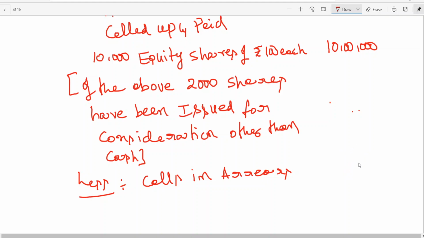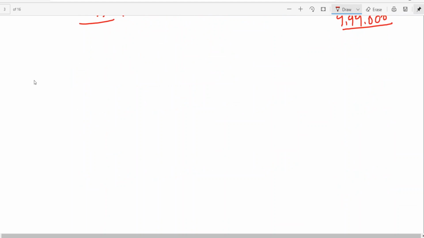But here everything is the same. So 10 lakhs minus 1000, 9 lakhs 99,000. Okay, this is note 1. Note 2. Now, reserves and surplus.